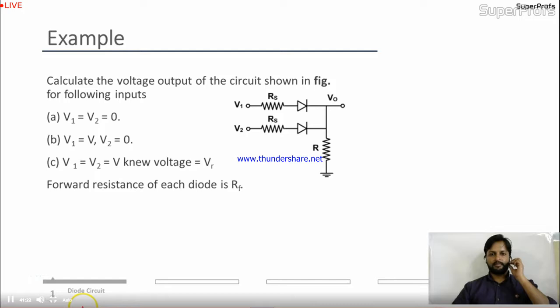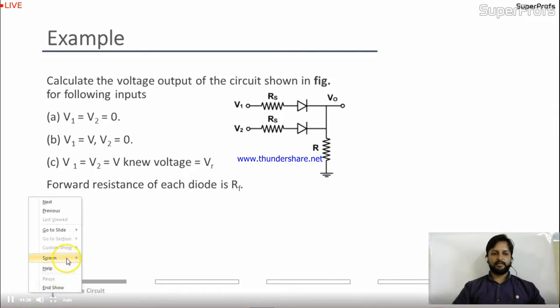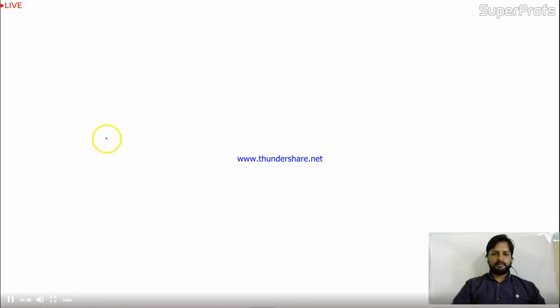Now let me take some examples from the GATE exam. One question is given, let me draw it. This is plus 5 volt connected with a 2.5k resistance.